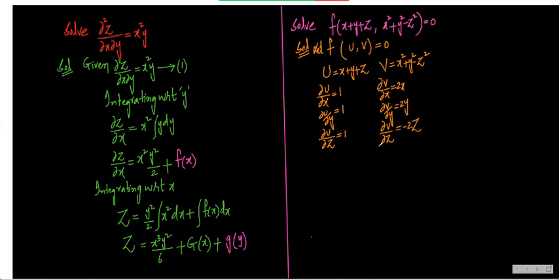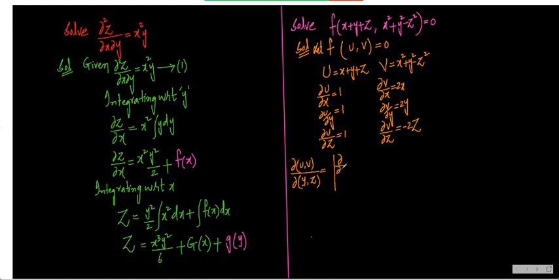Correct? After this one, we have to write the formula. What's the formula? Dou of u comma v by dou of y comma z, not x, it's y comma z. And I gave the process to memorize the formula. What is the process?